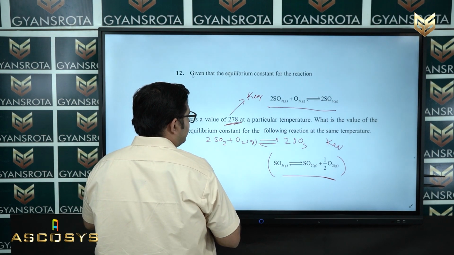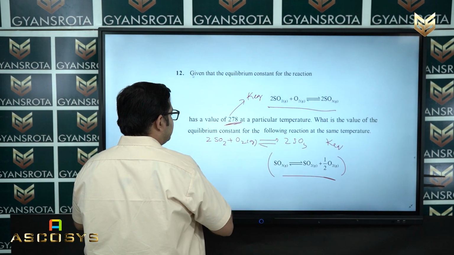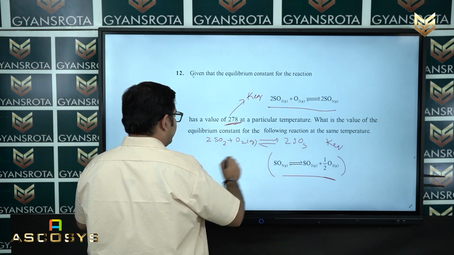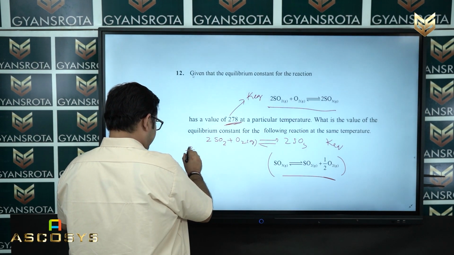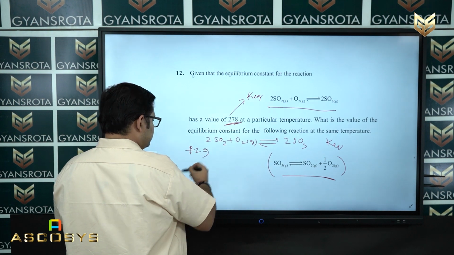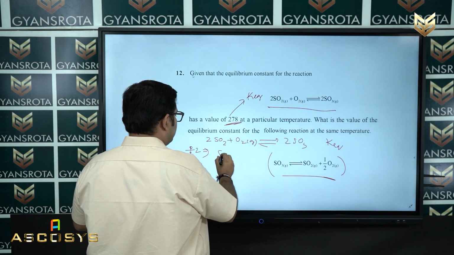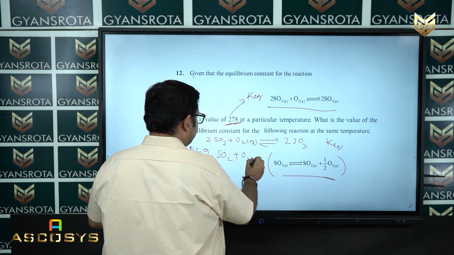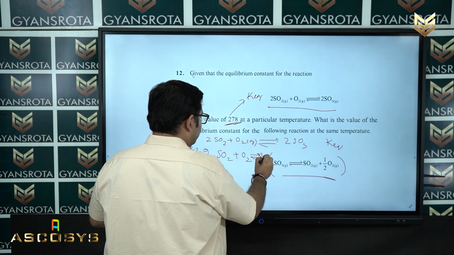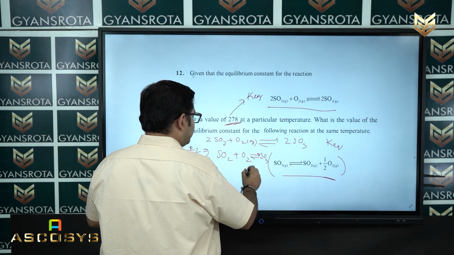First of all, we have to divide the whole reaction by 2. So what you obtain here is SO2 plus half O2 gives SO3. What happens to the K equilibrium?